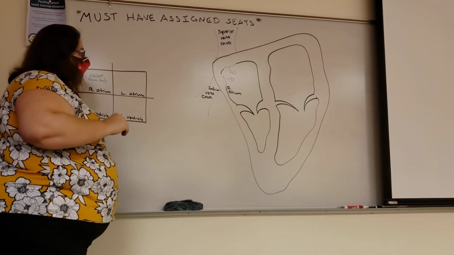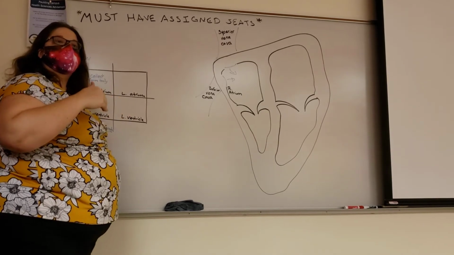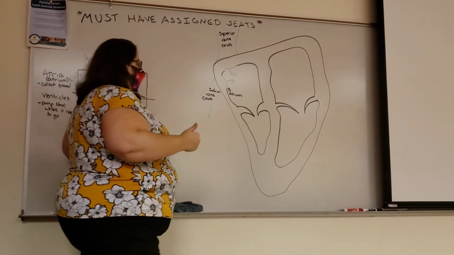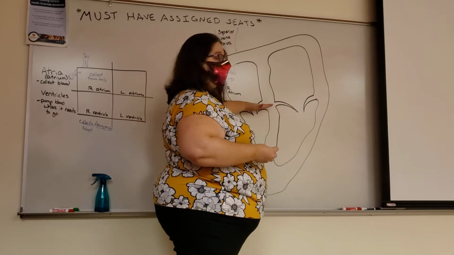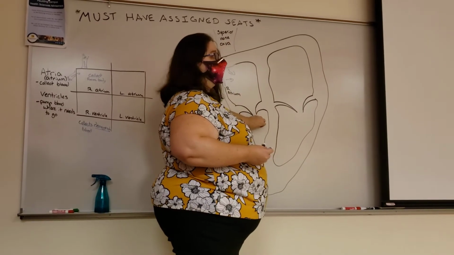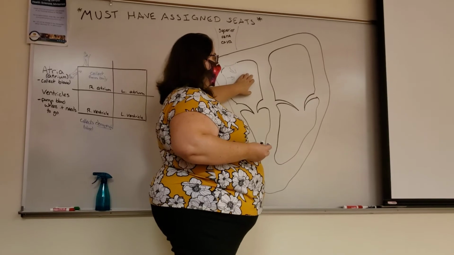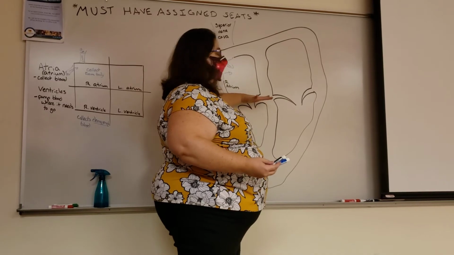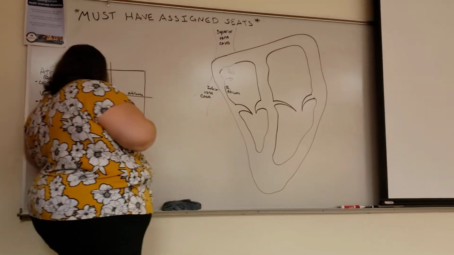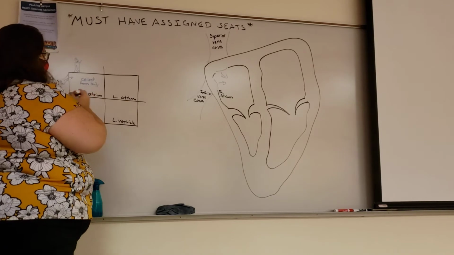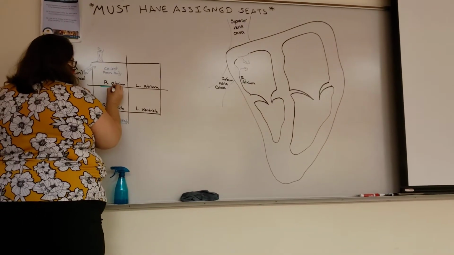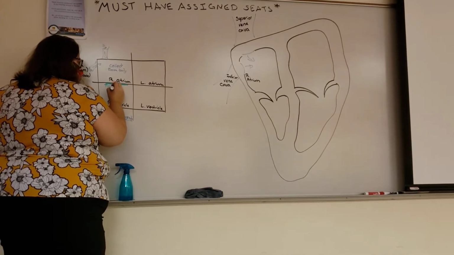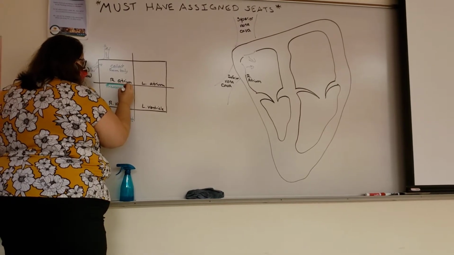But your heart can't let things go backwards, right? Your blood has to go in one direction. That means there has to be a doorway right here between top and bottom. One's being collected, and then the blood is going to flow downwards so it can get where it needs to be, right? So there has to be a doorway here that prevents it from going other places. The doorway on your right side is called your tricuspid valve.